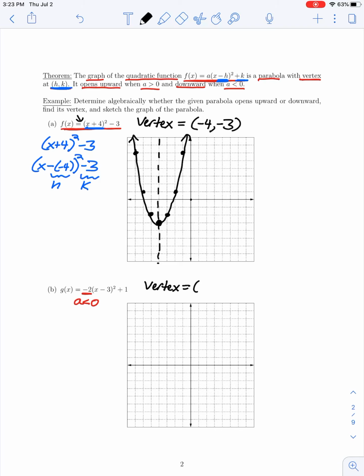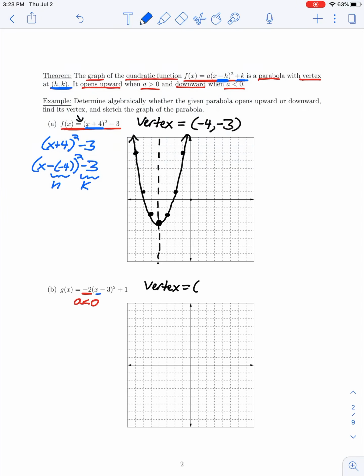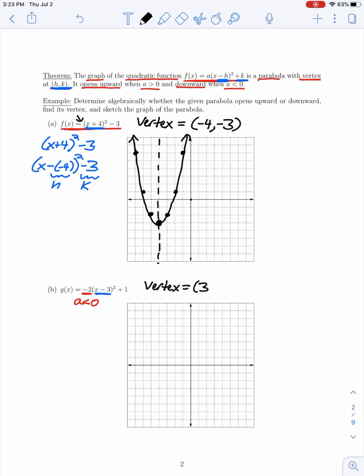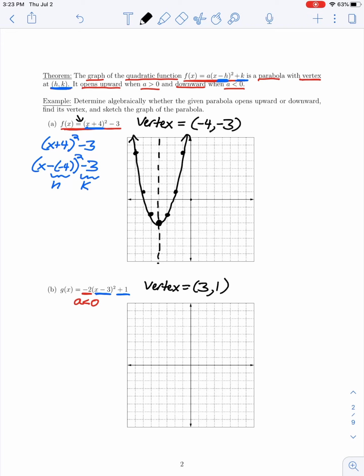So here, our vertex is (h, k), where the value h is the number we're subtracting from x inside our parentheses, in this case, 3. And the k value is the constant that we're adding on the end of our standard form equation, which is 1.